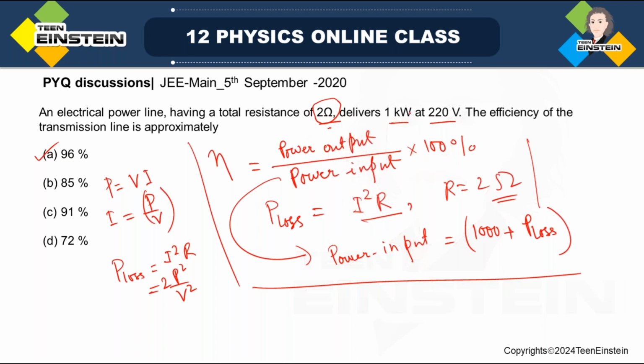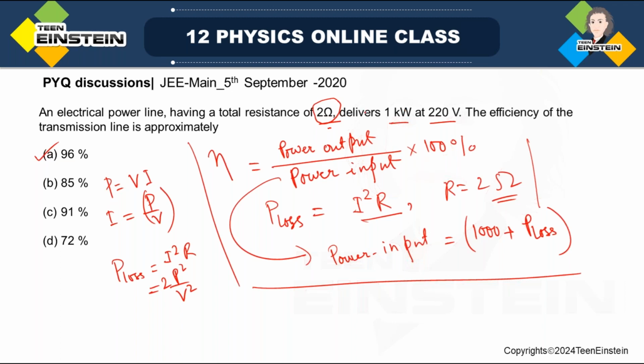Here the output is given, it delivers 1 kilowatt; the input is not given. So how do you get the input? If you give an input of 1 kilowatt, do you think you will get 100% efficiency? Actually there is nothing which gives 100% efficiency, so it is not possible to give 1 kilowatt to the line and get 1 kilowatt itself.